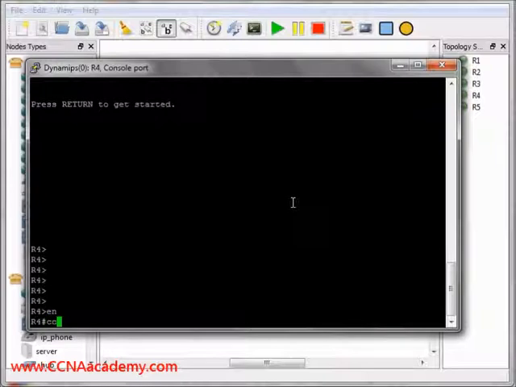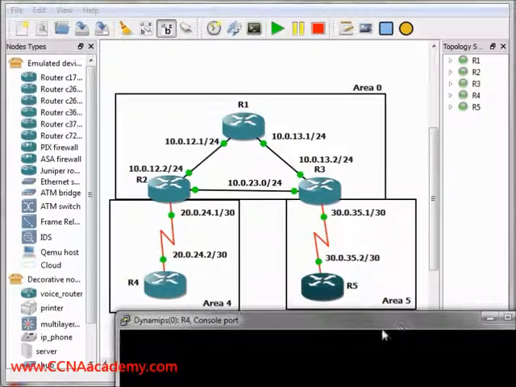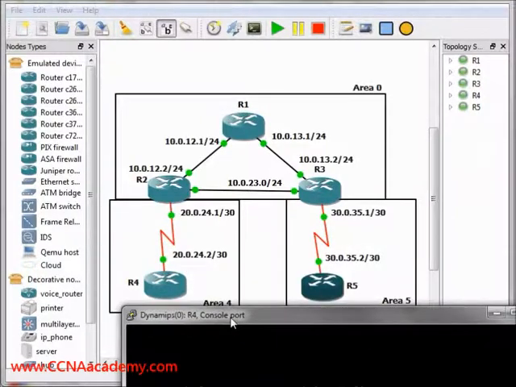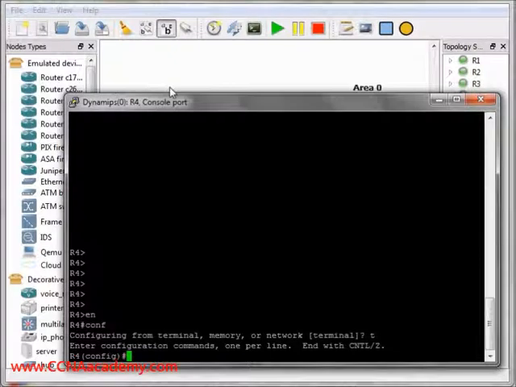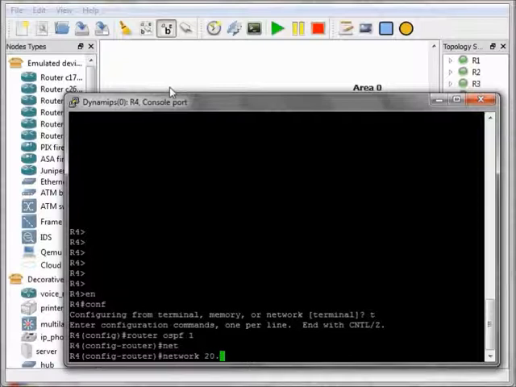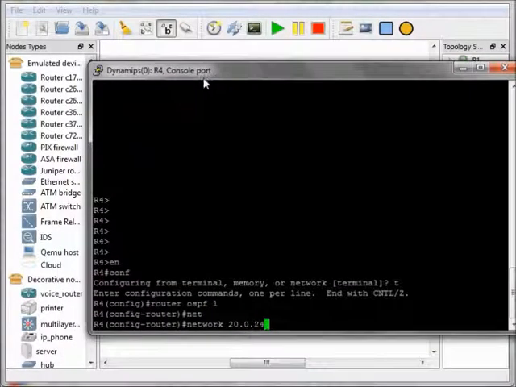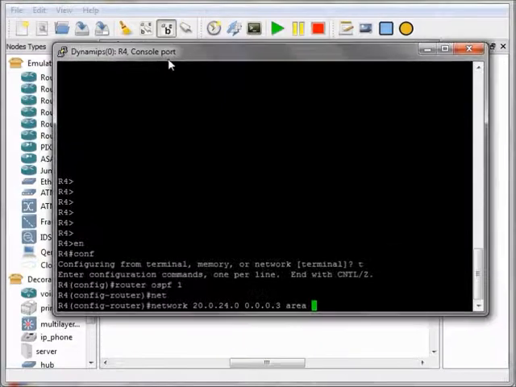privileged mode, global configuration mode. Router 4 only connects to one network, 20.0.24.0/30, router OSPF 1, network 20.0.24.0 0.0.0.3, area number is 4, area 4.